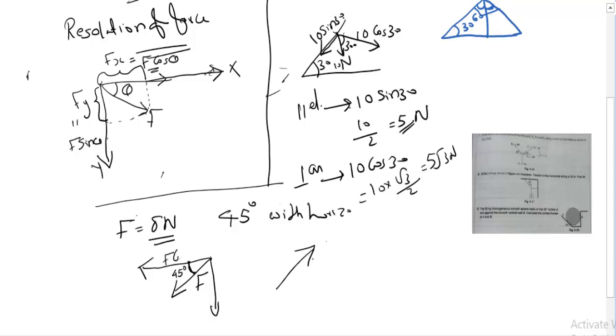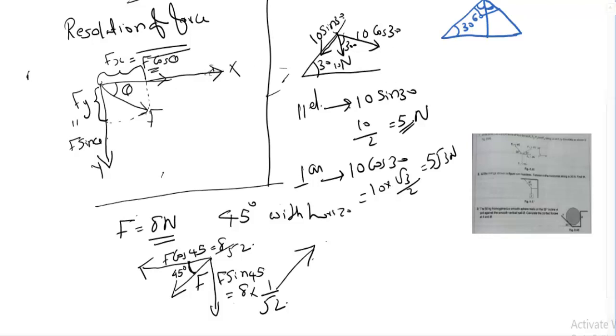So this is F cos 45, and this will be F sin 45. F is 8, cos 45 is 1 by root 2, so 8 by root 2. And F sin 45, again the same value, since sin 45 is also 1 by root 2, so 8 by root 2. Okay, clear children? This is how we find the values.